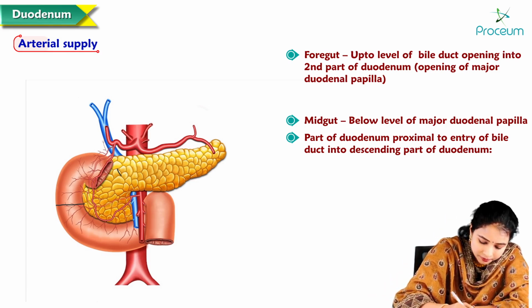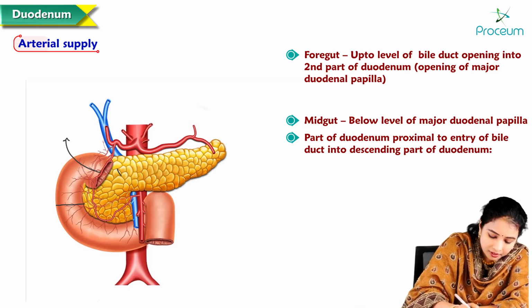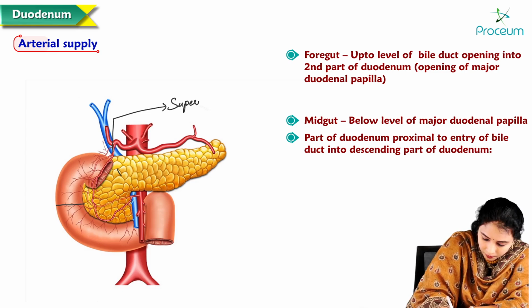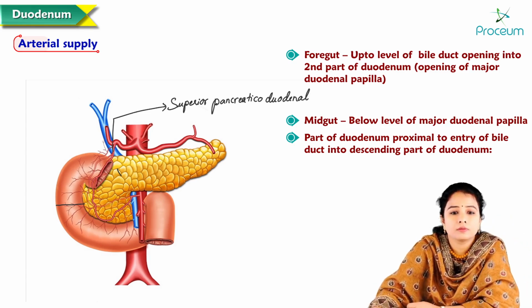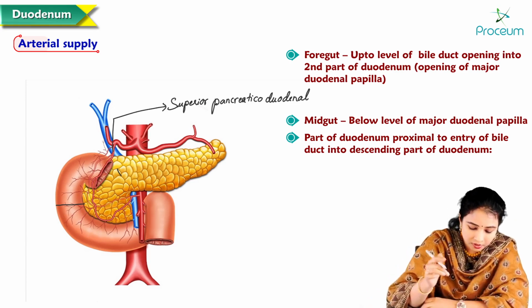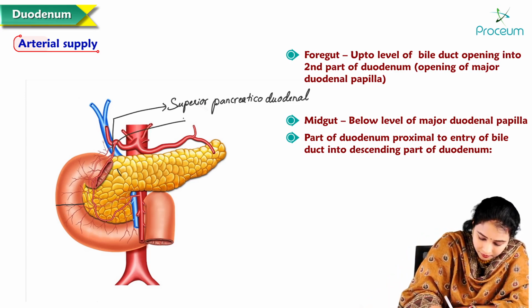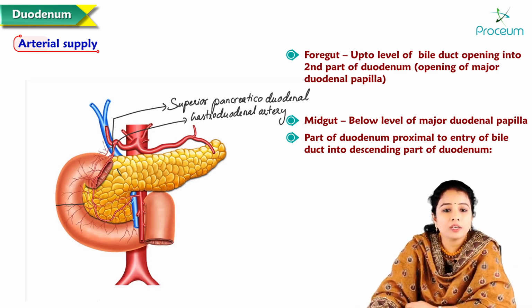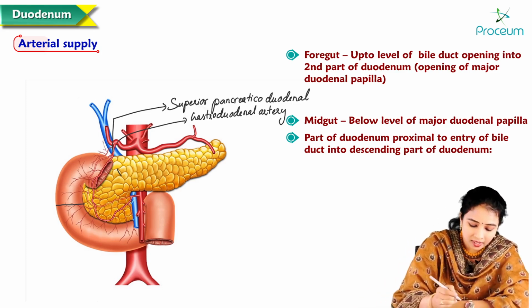So here are the superior pancreaticoduodenal arteries, which are a branch of the gastroduodenal artery. The gastroduodenal artery is a branch of the celiac trunk.